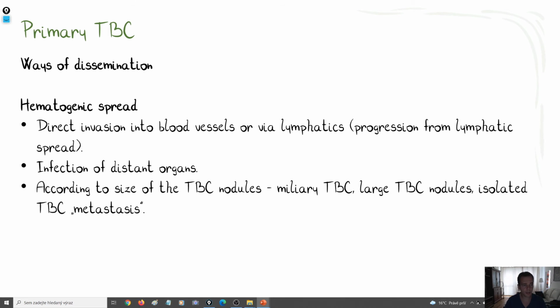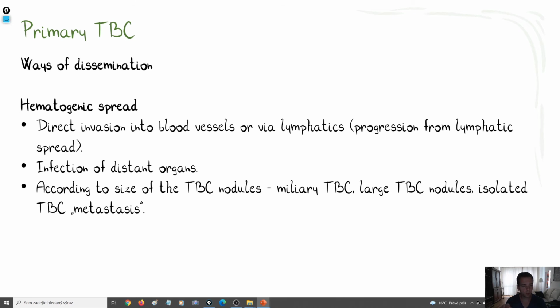And hematogenic spread is a spread via the bloodstream. It can be caused by direct invasion of TBC into blood vessels. That's the first option. Or it can be a continuation of the lymphatic dissemination, so the progression from lymphatic spread into the bloodstream. And the TBC is disseminated into distant organs.